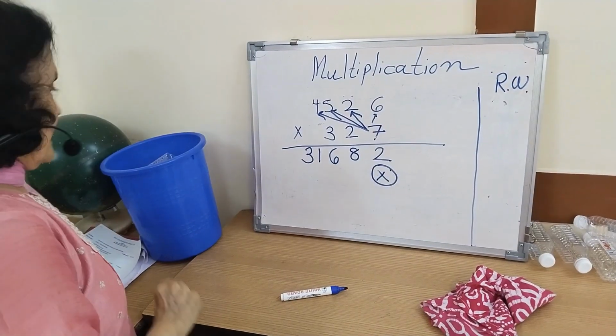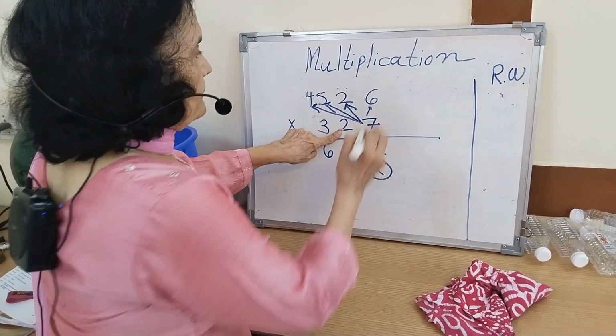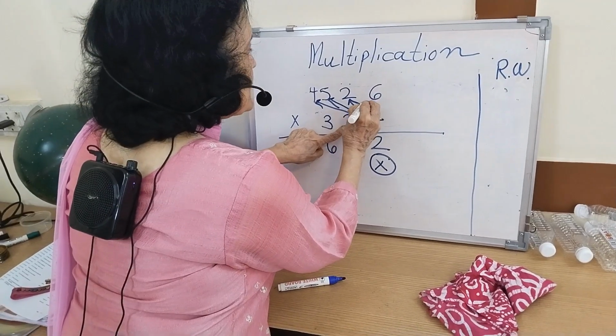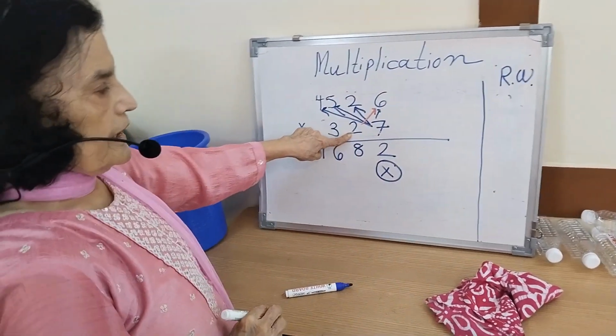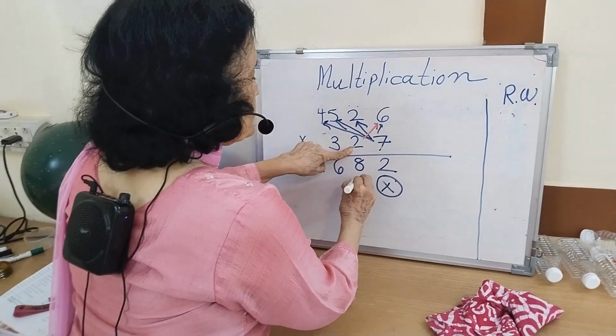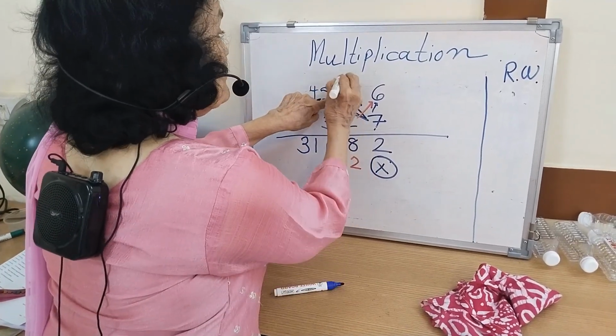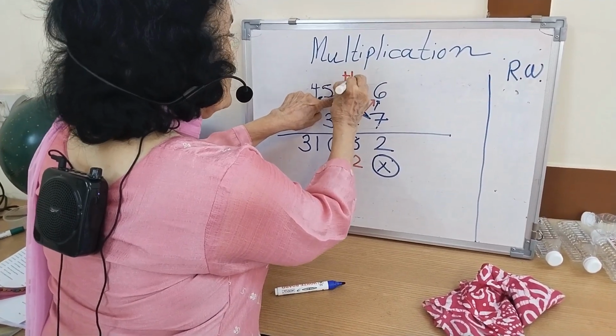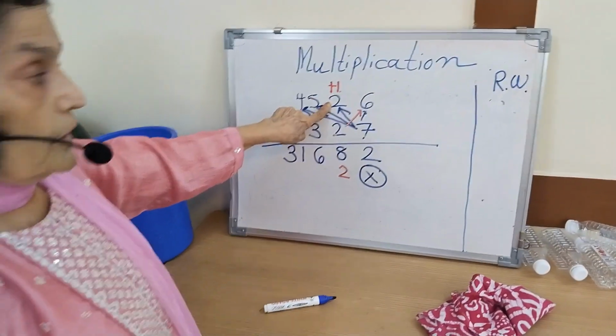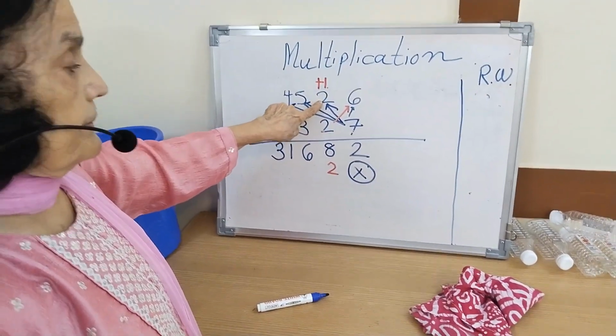We will be taking 2 now. 2 into 6 plus, so it makes 12. So 2 will go here and 1 will be going up here on the second digit.